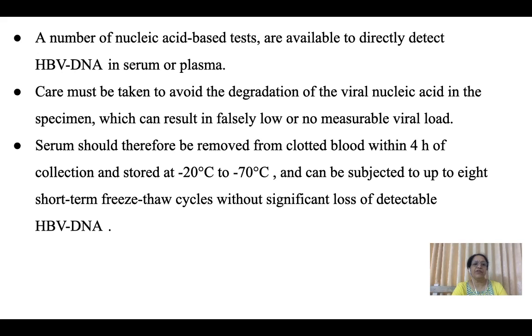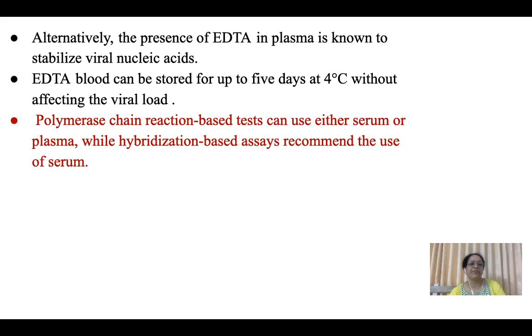Serum should therefore be removed from clotted blood within 4 hours of collection and stored at -20 to -70 degrees Celsius, and can be subjected to up to 8 short-term freeze-thaw cycles without significant loss of detectable hepatitis B virus DNA. Alternatively, the presence of EDTA in plasma is known to stabilize viral nucleic acid.